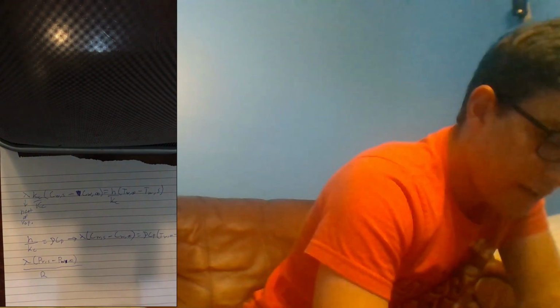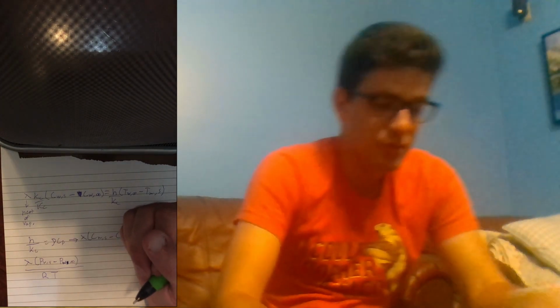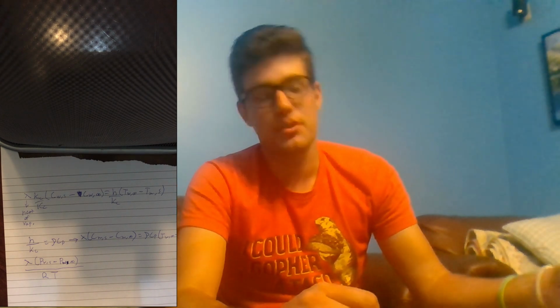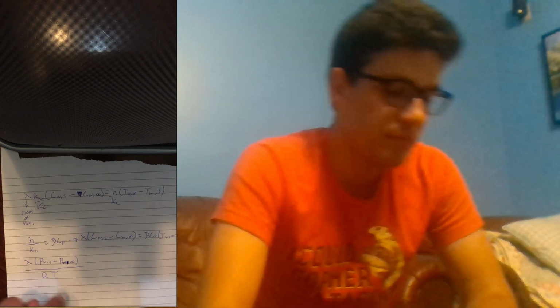Okay. And this is going to be divided by the coefficient R and temperature, because in an ideal gas situation, we know PV equals, or well, not ideal gas situation, but we know that P over RT can translate here for the concentration.